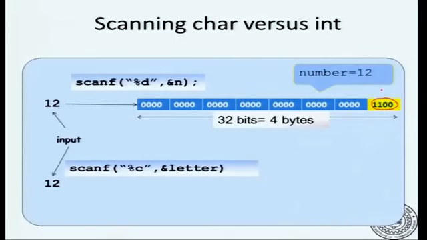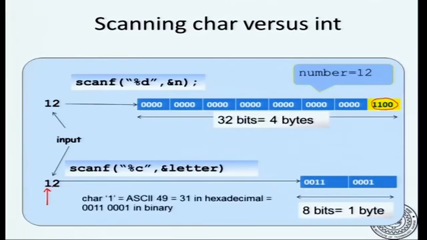On the other hand, for the same input, and here is the difference I want to emphasize, if the code was saying %c and letter, so scan the input 1, 2 using the scanf statement scanf %c and letter, what will happen is that the C program looks at the first character, which is the digit 1, and scans it in. Now, character 1 is ASCII 49.